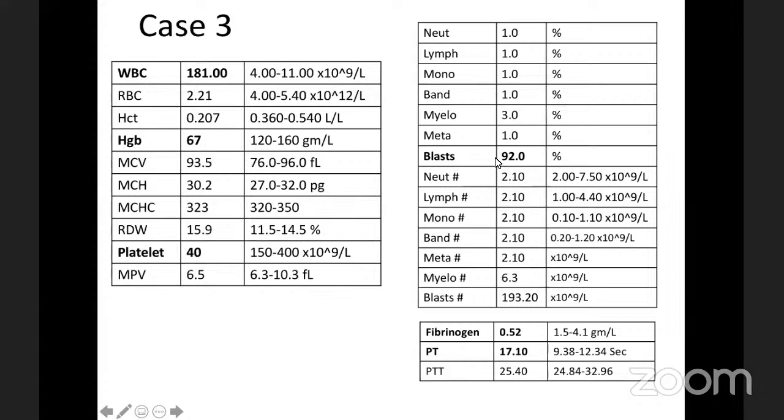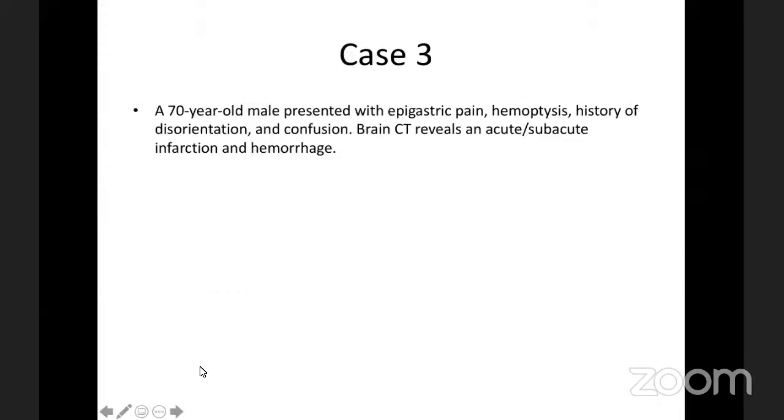And we were called about a circulating blast of 92%, but also the patient has an abnormal coagulation profile with prolonged PT and low fibrinogen. So from the history and from the CBC finding, and abnormal coagulation profile, and the patient is disoriented with acute subacute infarction and hemorrhage in the CT.